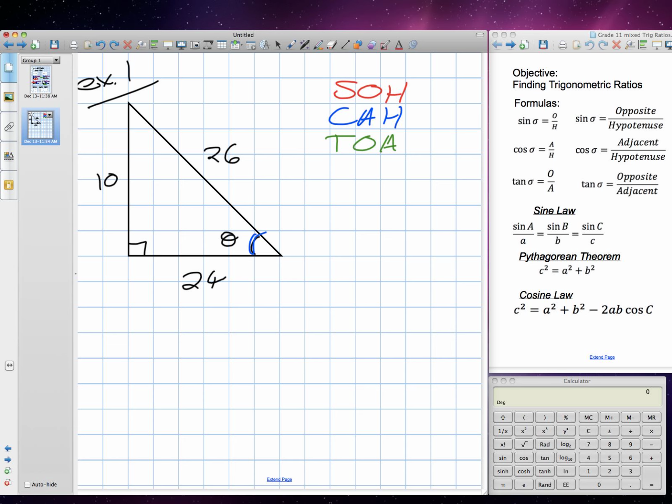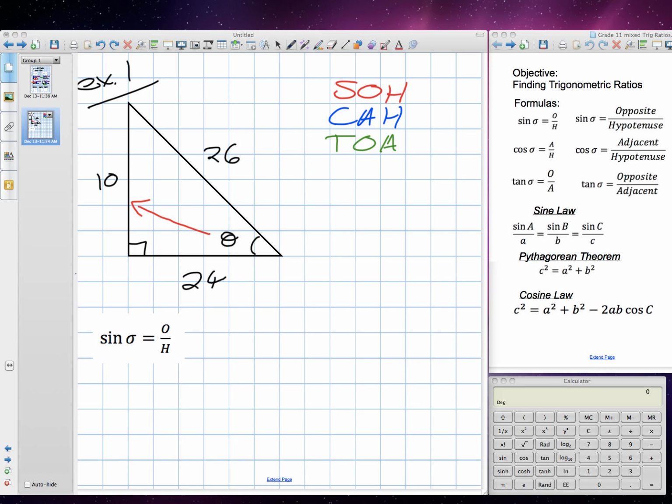So the first thing we're going to set up is our sine ratio. If you guys recall, we end up with sine theta is equal to the opposite over the hypotenuse. So, in this case, what side is our opposite side? 10. This is our opposite side. So our hypotenuse in this question will be the 26.